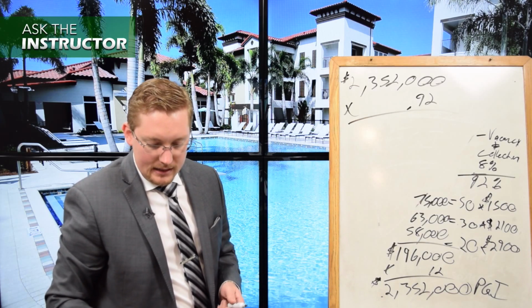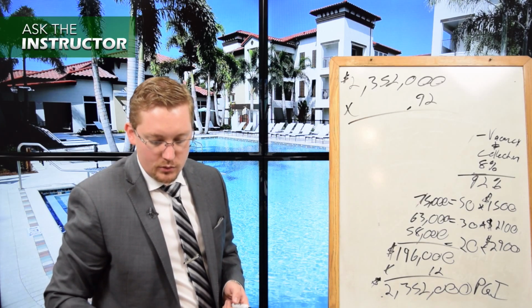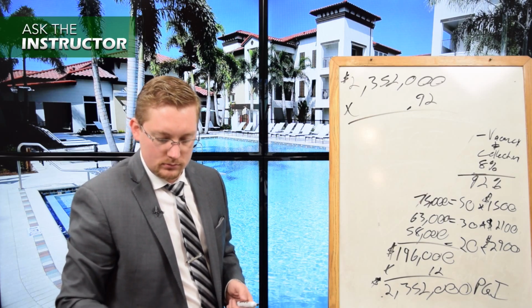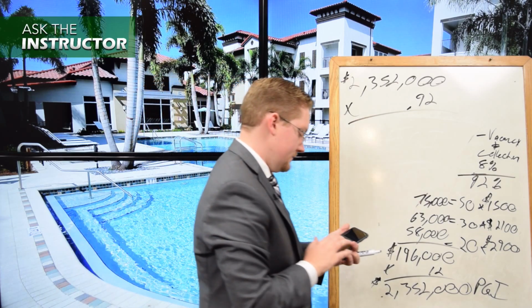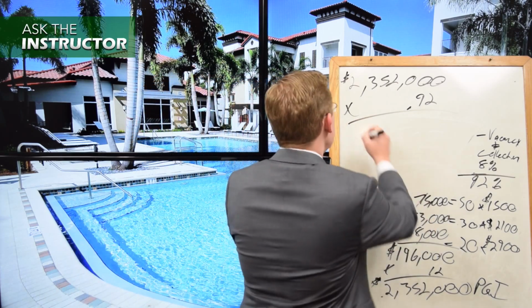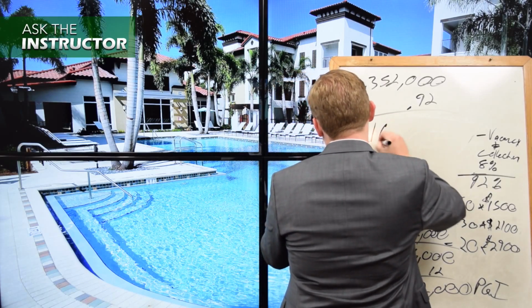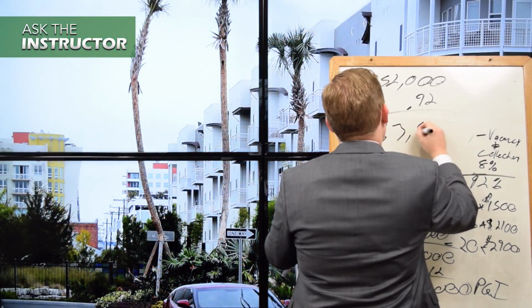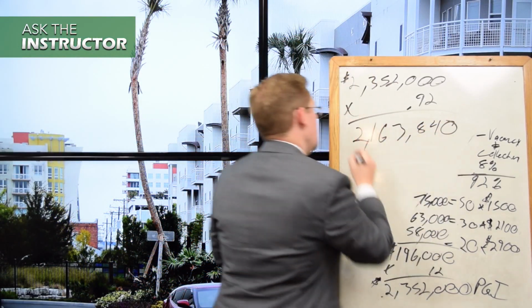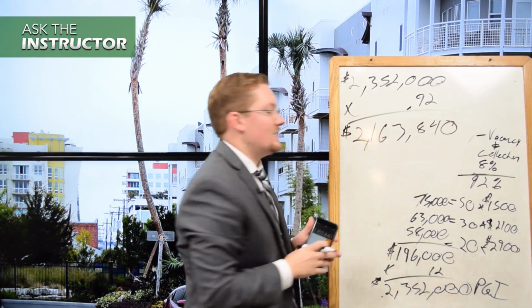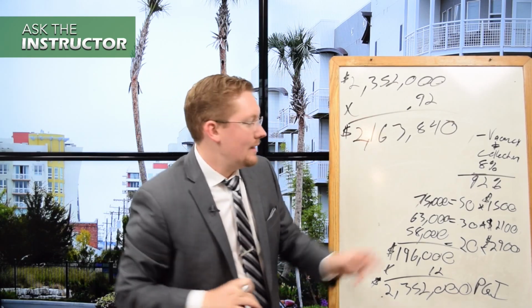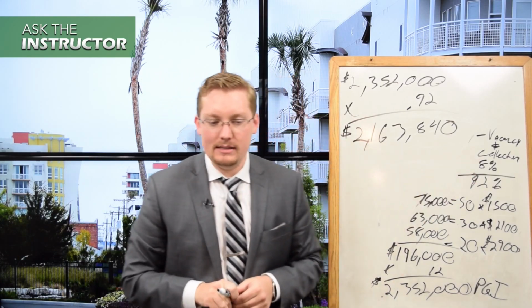And when we put that in our handy dandy calculators, times 0.92, we're going to end up getting $2,163,840. So $2,163,840 is going to be our actual dollar amount after we take out an 8% vacancy and collection loss.